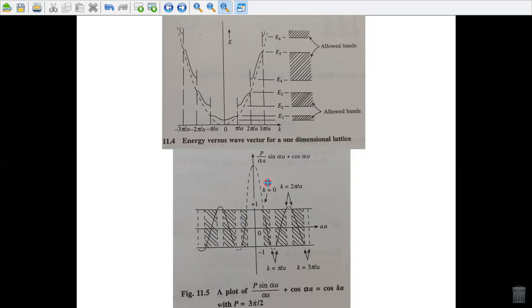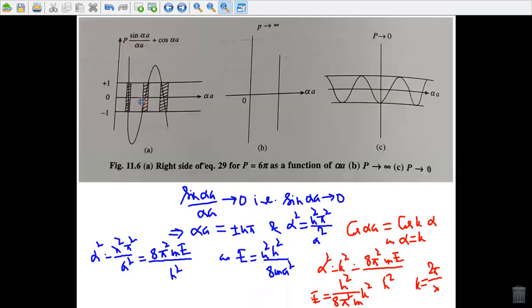The function described by the right hand side of the equation crosses the plus 1 and minus 1 region at a steeper angle, as shown in this figure. Thus, the allowed bands are narrower and the forbidden bands are wider, right? This is narrower, this is wider.